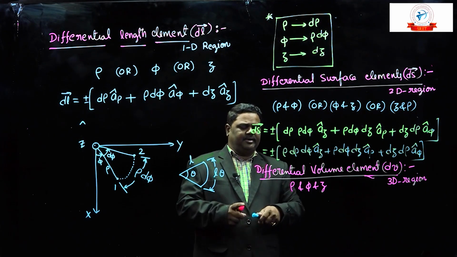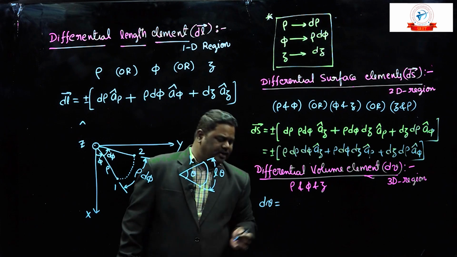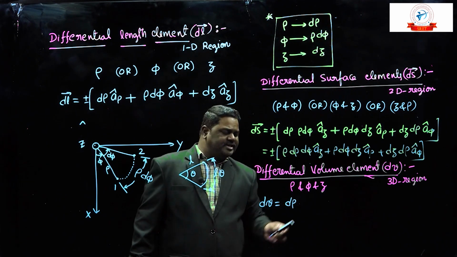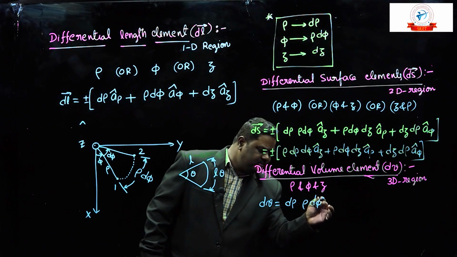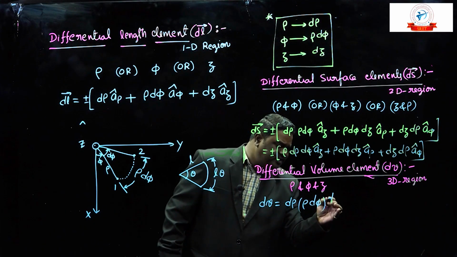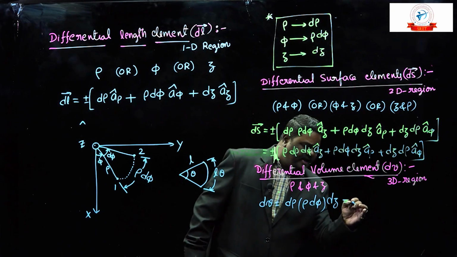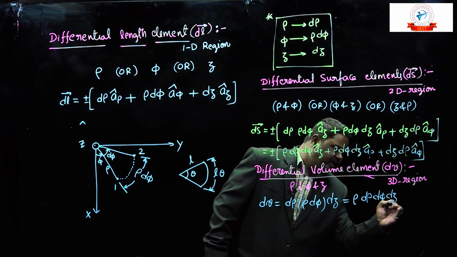So the volume element is given by dV is equal to, what is the length due to rho? d rho. What is the differential length due to phi? rho d phi. What is the differential length due to z? dz. Then the differential volume element is given by rho d rho d phi dz.